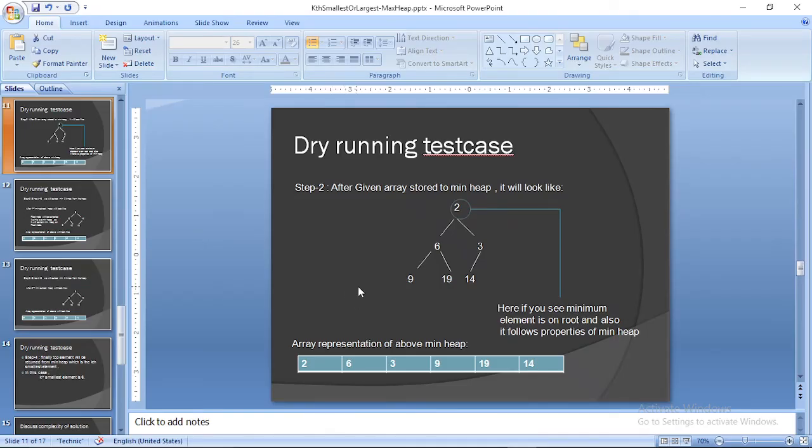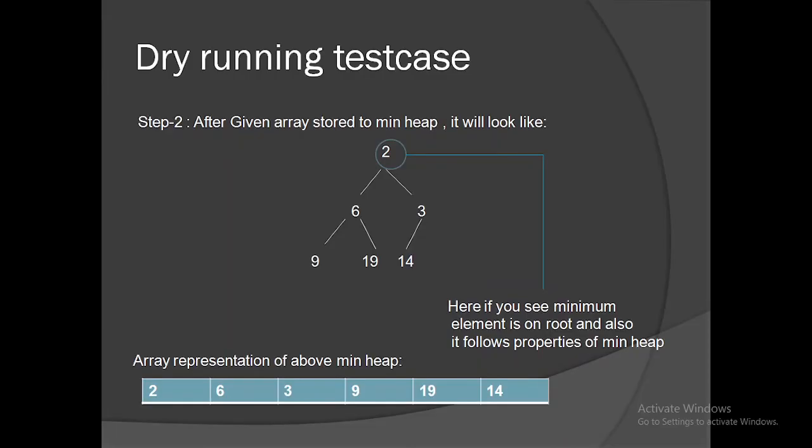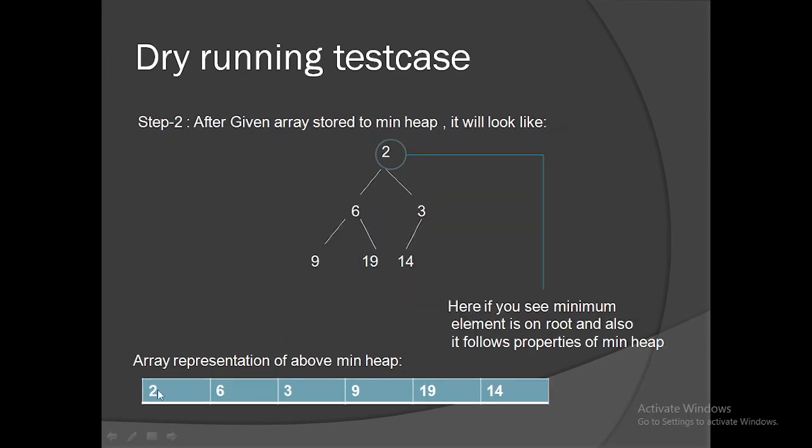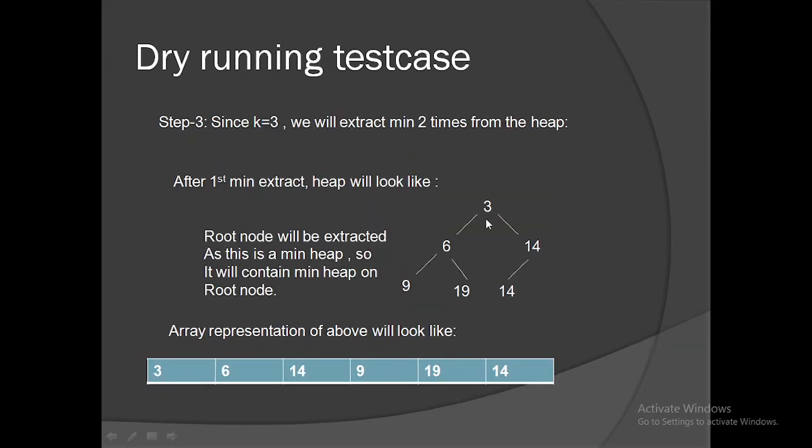Here 2 is extracted, and after heapifying, the minimum element should come at the top, that is 3. And 14 will occur 2 times because we have overridden the previous 2 with 14, correct? That is why we see 14 two times. This is after heapifying.